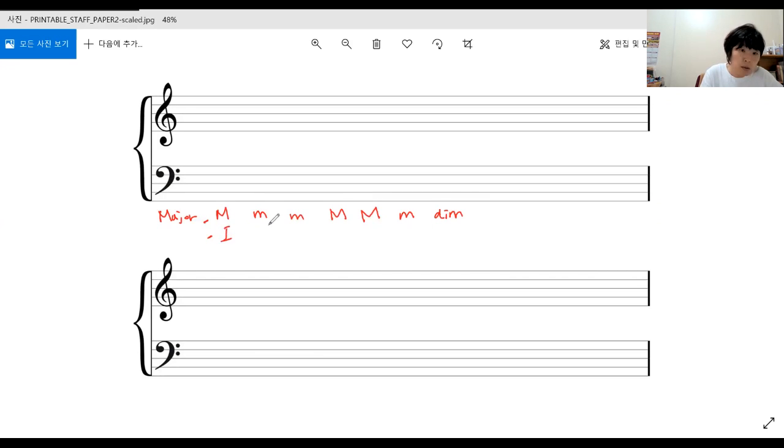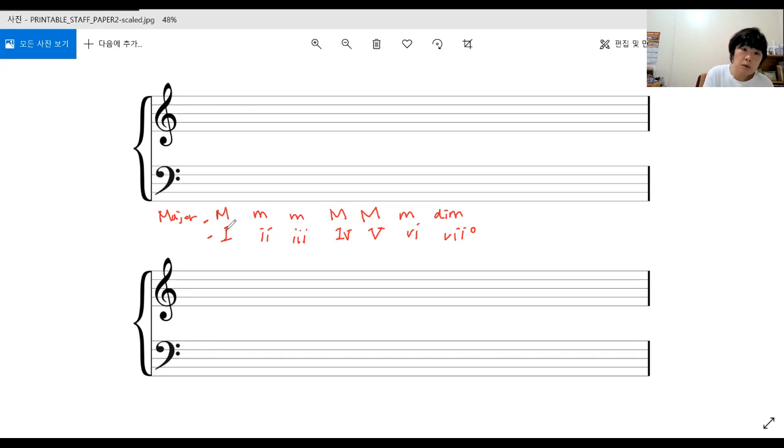So we could write it down as Roman numerals. It goes like this. 1, 4, 5 is the uppercase Roman numerals, but minor is lowercase, like that. And then diminished is also lowercase, but we have the little circle there.